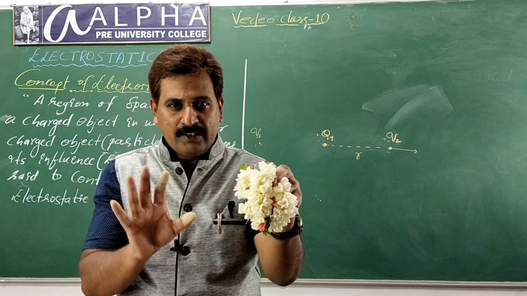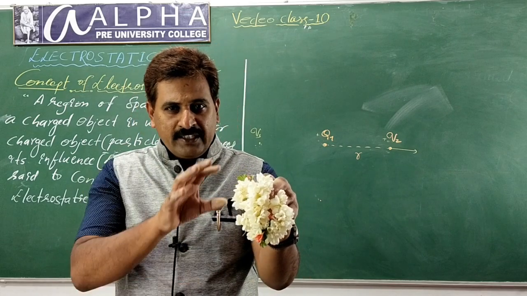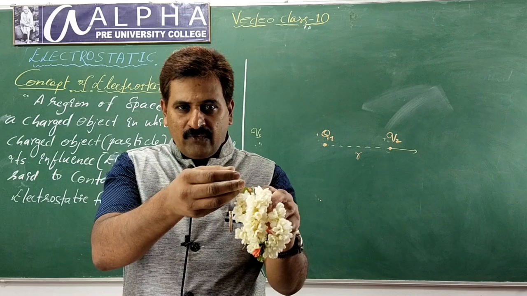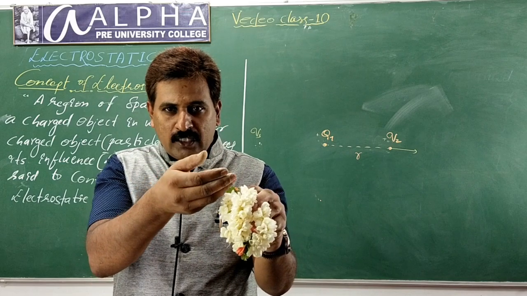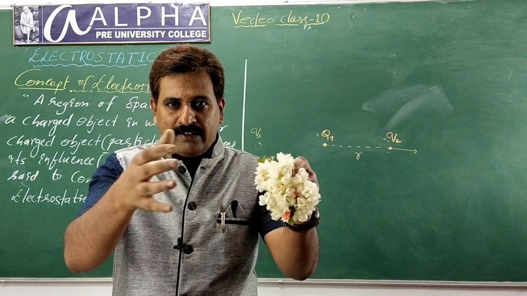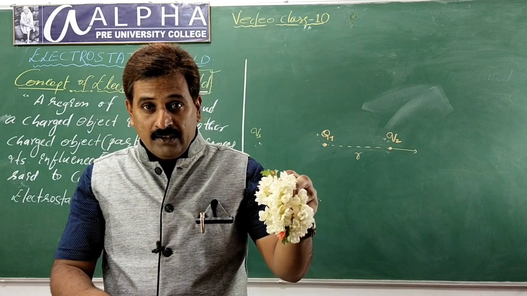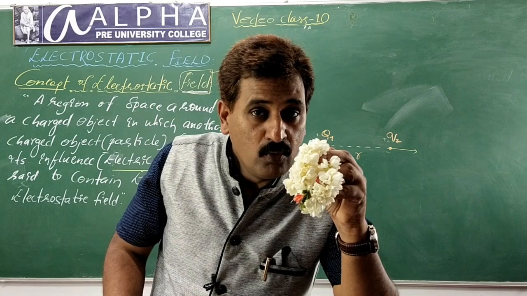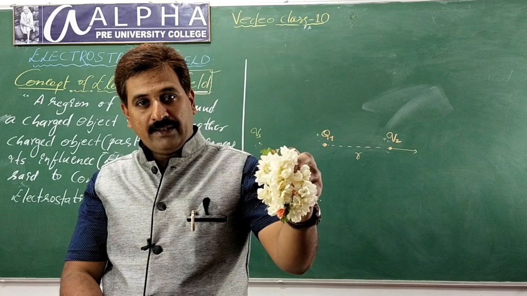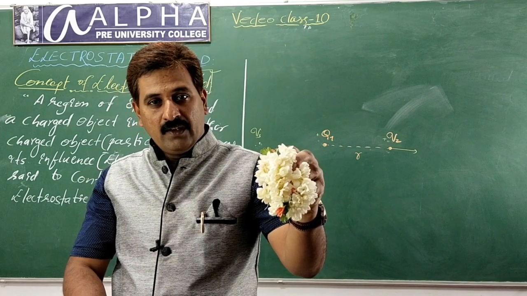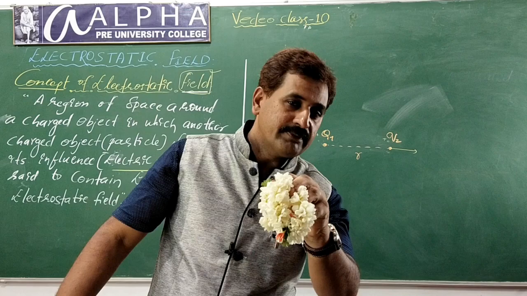Let's not bother about how it happens. The thing that happens is the fragrance producing molecules come out of the petals. They spread themselves all around, get diffused. The number density is more here, more smell. Less here, less smell.